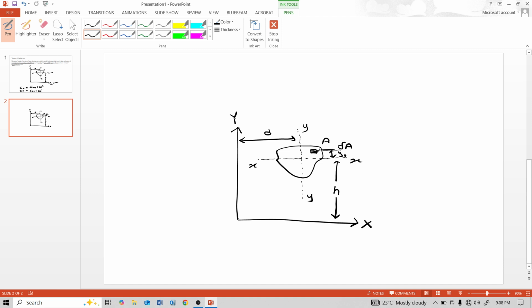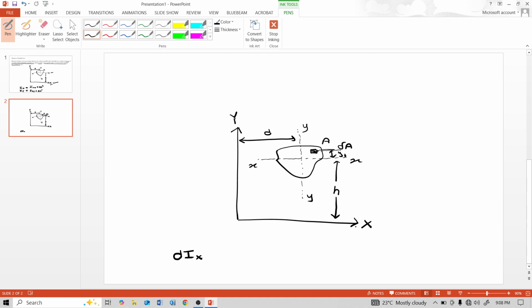So consider here dIx, moment of inertia dIx. This is the small element, this is the whole area, and the small elemental area is this small area.